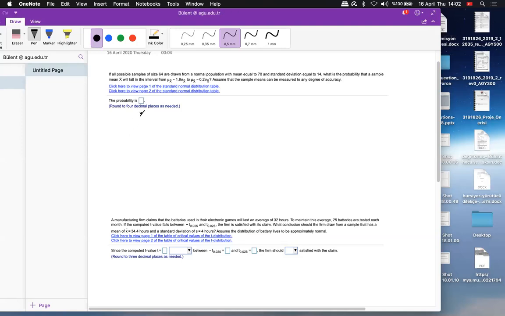X bar should be greater than mu X bar minus 1.8 sigma X bar and less than mu X bar minus 0.2 sigma X bar, right? So this is what the question asks from me. So how will I do it? If you remember, we were converting everything to Z, right?